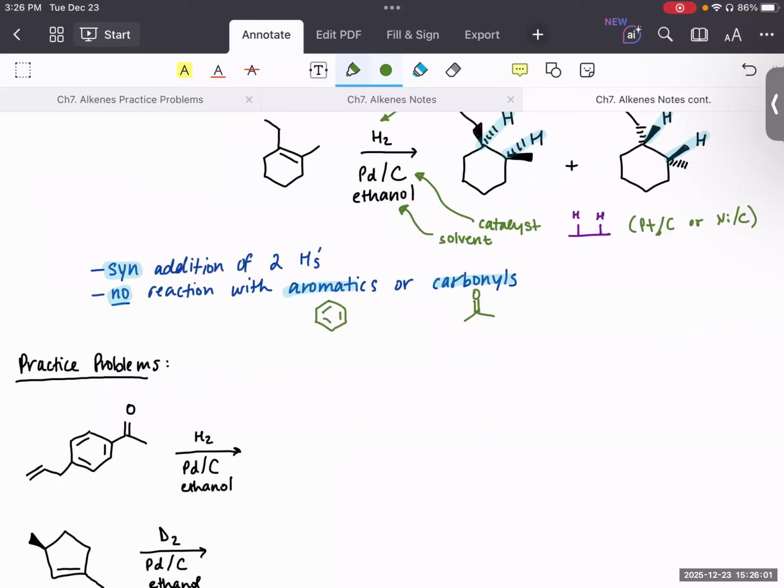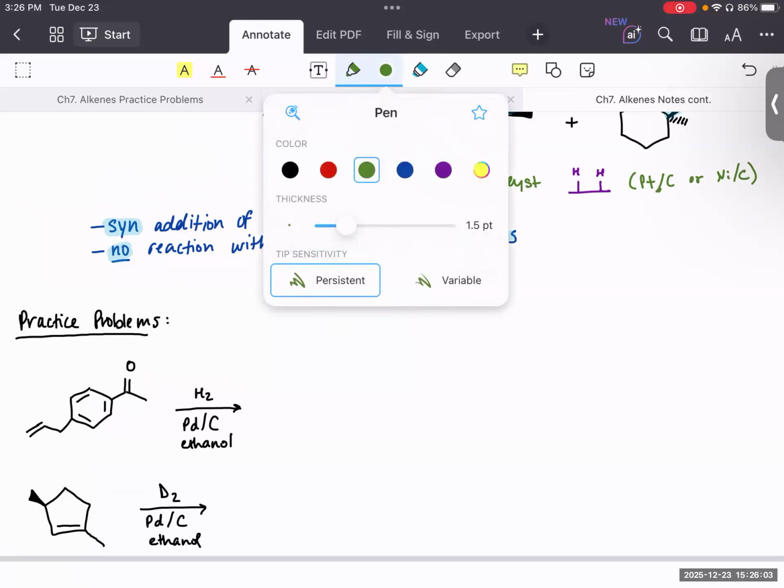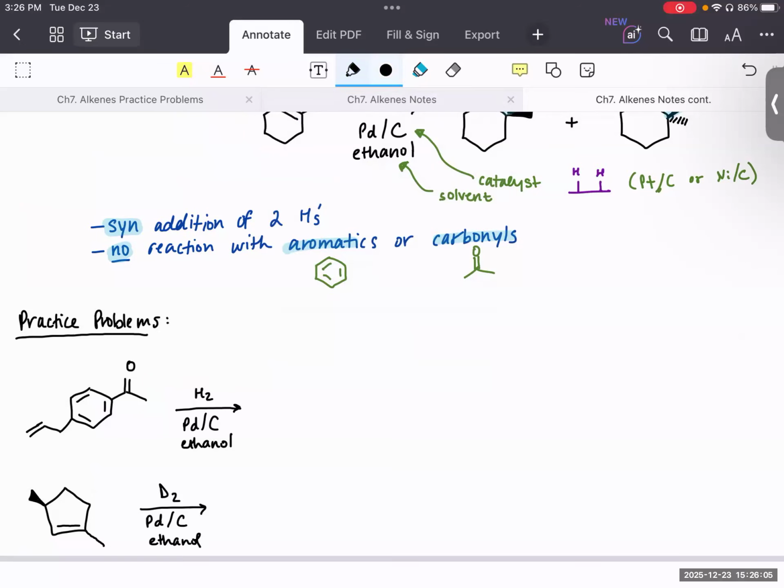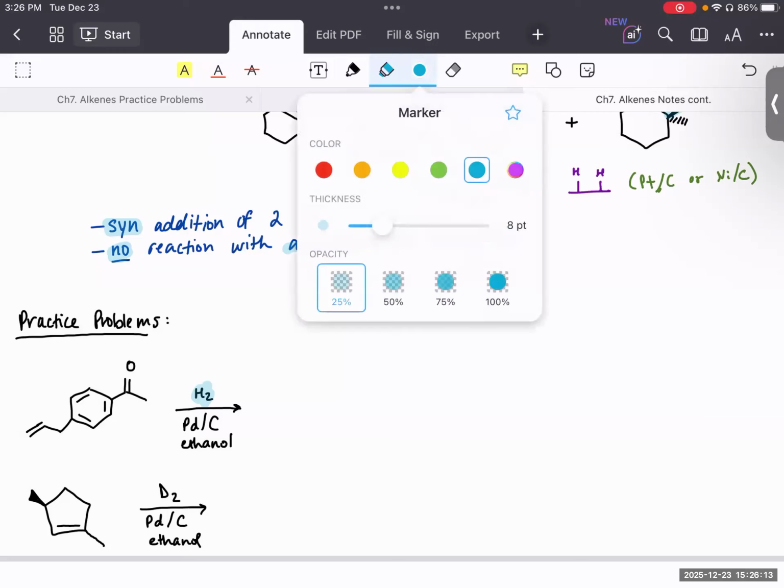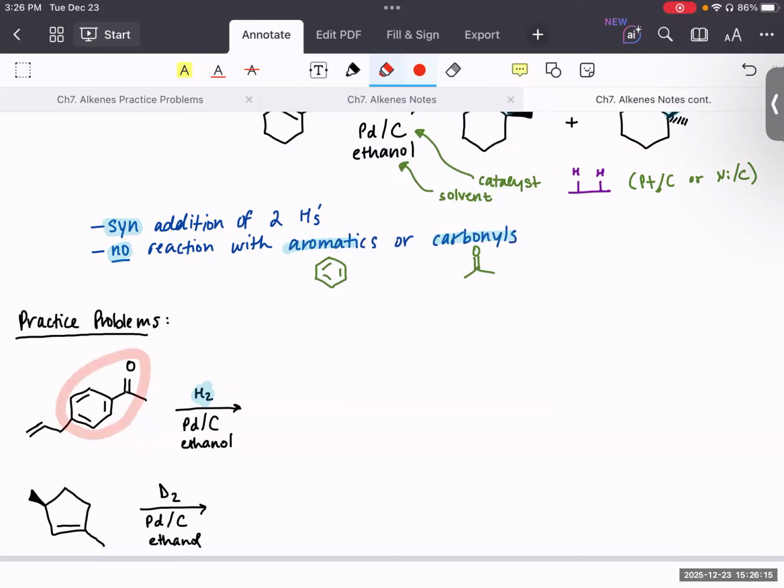All right, so let's do some practice problems here. We have two reactions. In the first one, we have hydrogen that we're adding to this big reagent. We know that none of these groups on the right will be touched because they're not reactive enough for this reagent.